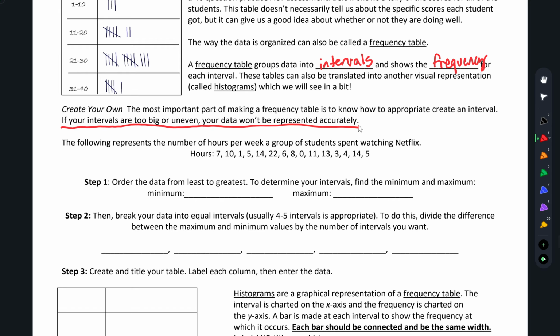Okay, so just like we do for every other table and graph that we've done so far, the first thing we're going to do is order our data from least to greatest. So let's go ahead and do that right now, starting with 0.